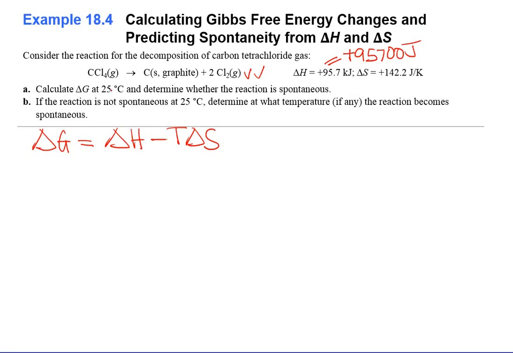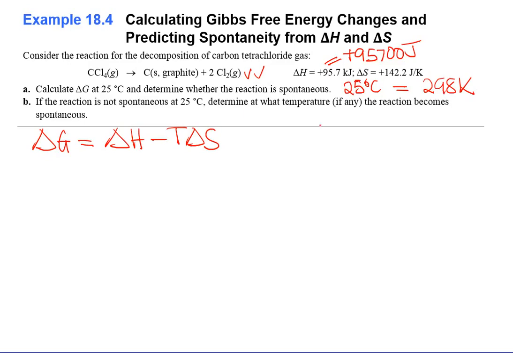The temperature here is given as 25 degrees Celsius. So 25 degrees Celsius is equal to 298 Kelvin. You want to use Kelvin all the time.